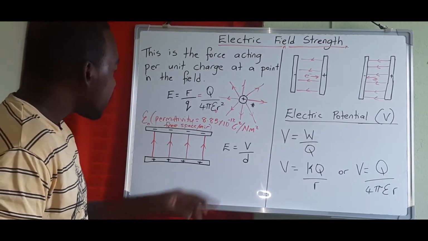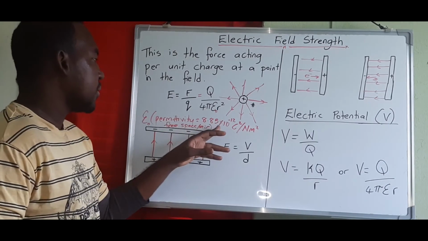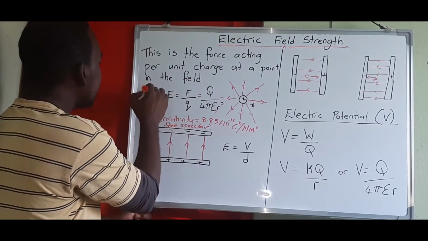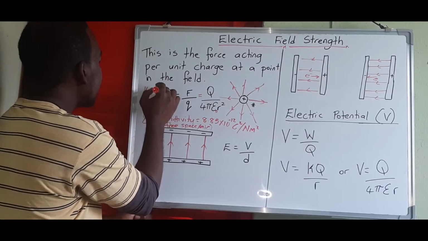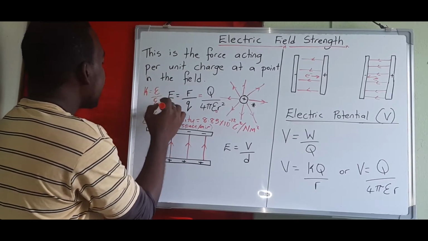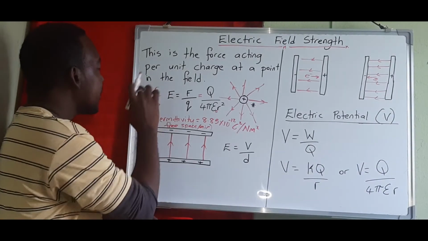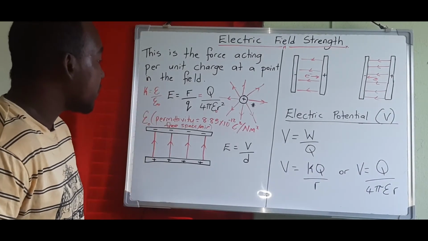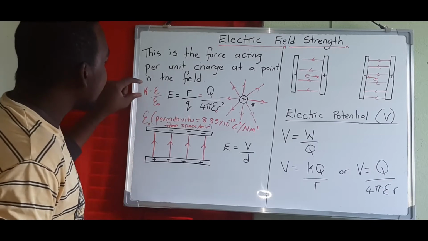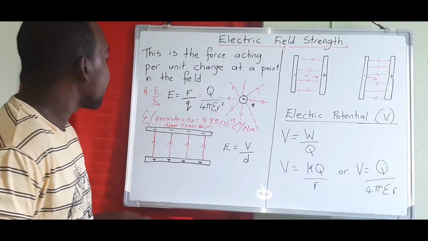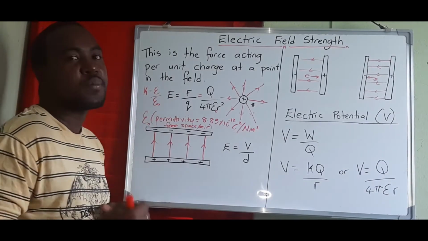That value is a constant. We will come across this later: K is epsilon over epsilon naught. We will look at this further, but you can note that for future reference. So if you're given K and the medium is not air, then you can find epsilon of that specific material.